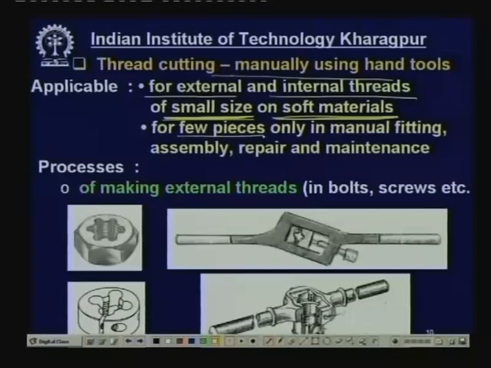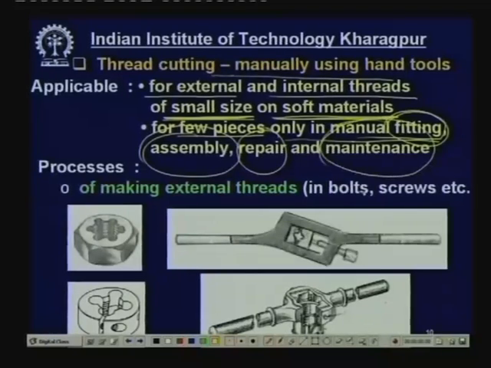For few pieces, only one piece or two pieces, maybe three maximum, only for manual fitting, assembly and repair and maintenance. So, it is not a regular kind of production of threads manually. You produce one or two pieces as and when required for repair, maintenance in tool room or fitting shop and so on.